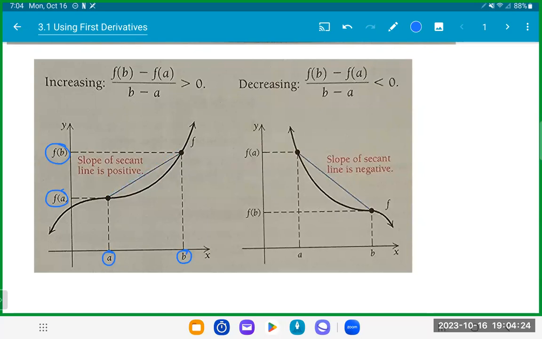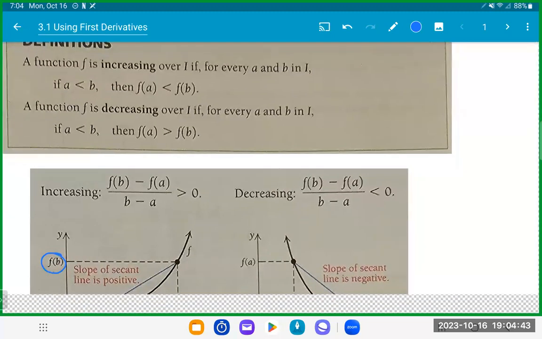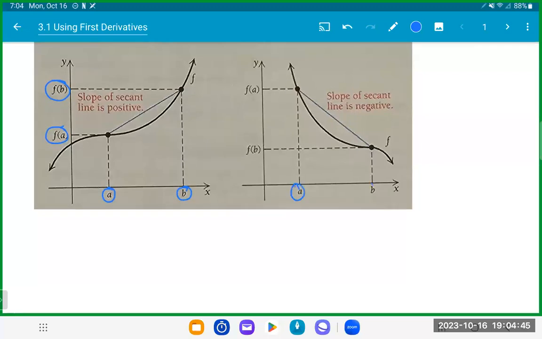Okay. The same is true if we flip it, right? So now A is still less than B, but our output of A is greater than the output of B, right? So we still have A and B as our x1 and x2 values.